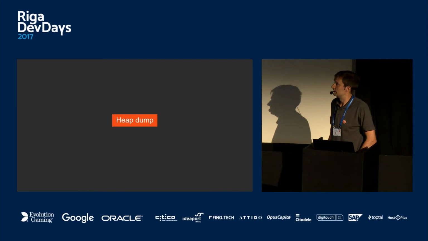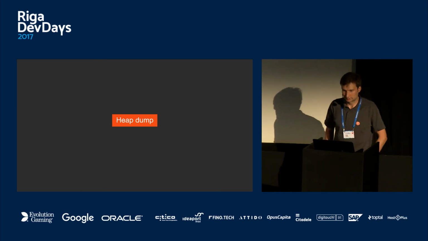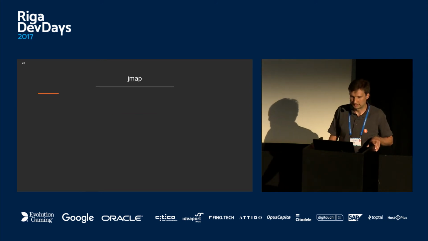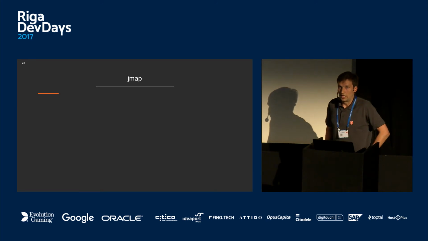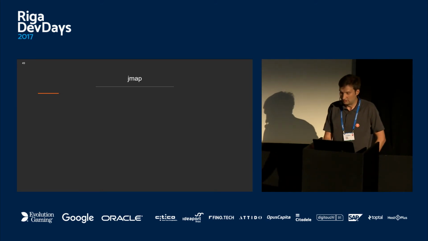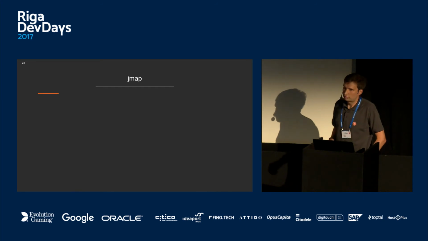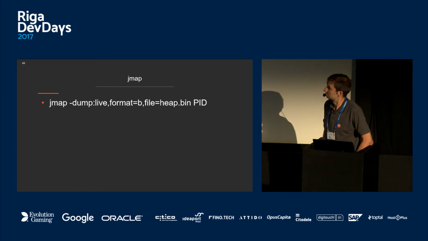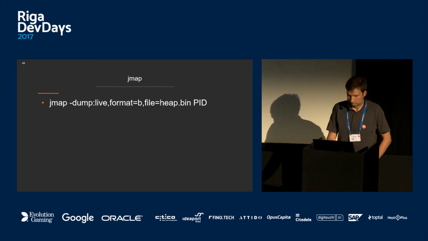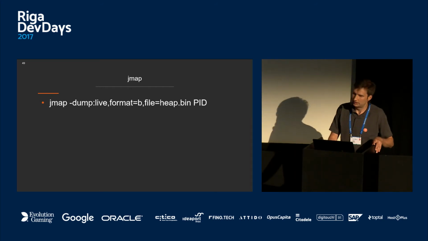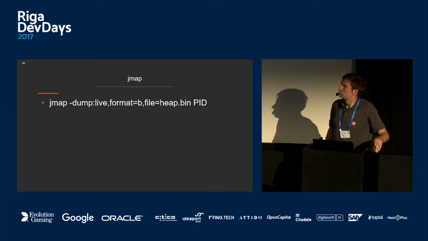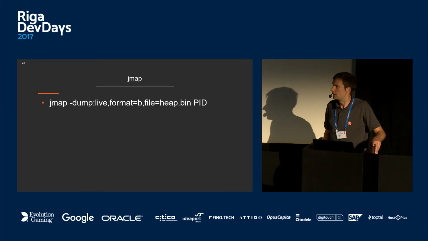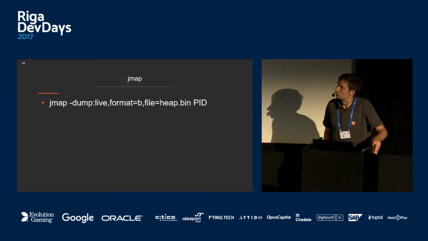Heap dump is another essential instrument to analyze problems like memory leaks. I guess you're already familiar with jmap, the main tool to create heap dumps. Here is how a command to dump all live objects to a given file name looks. There are a number of tools to analyze heap dumps, like VisualVM, Eclipse Memory Analyzer, and so on.